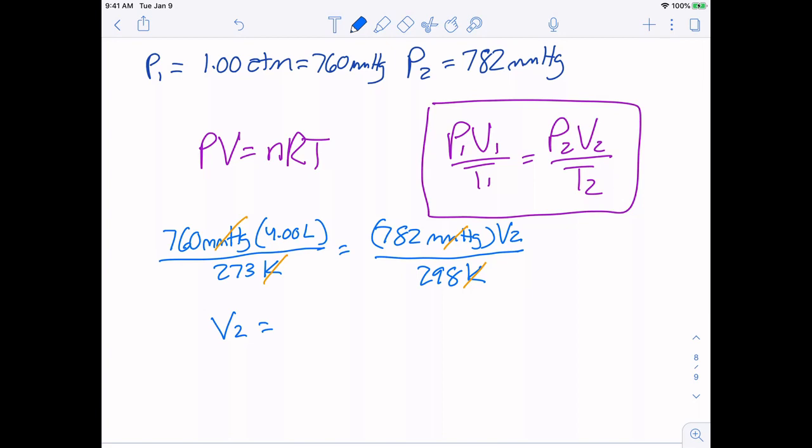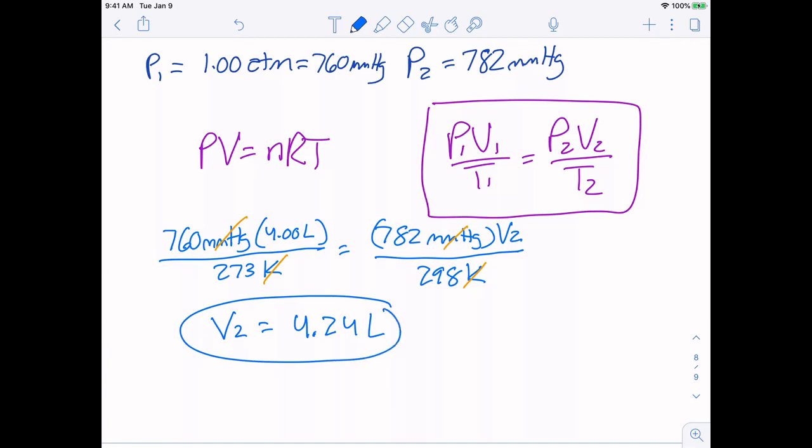So I'm just typing this into my calculator now. And I get that my new volume is 4.24 liters.